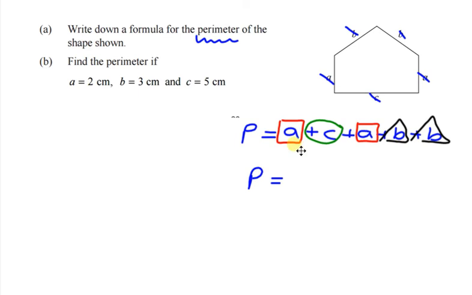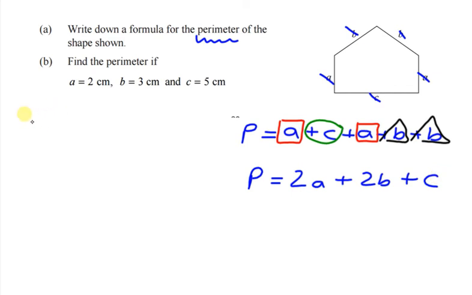So P equals, I have A plus A, and you know there's an invisible 1 in front, so that's going to be 2A plus, now I have B plus B, and we know there's an invisible 1 in front of each one of those, so 2B plus just one lonely C. So that's the formula that we're going to use.